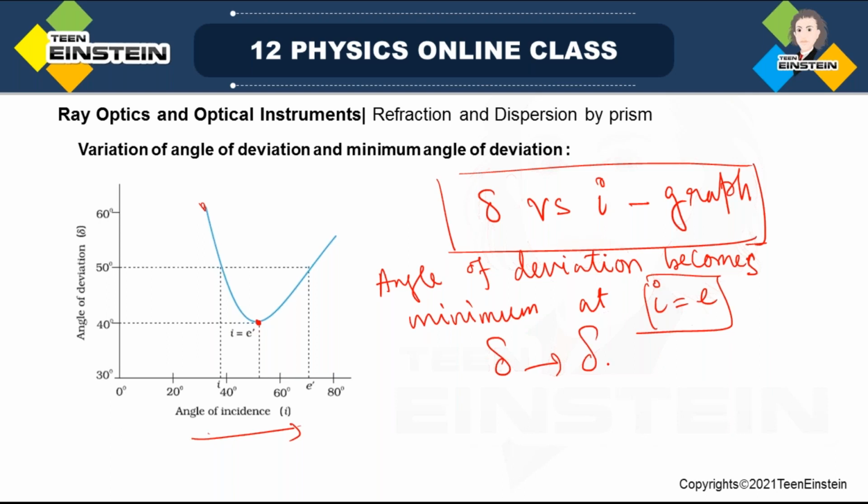At that time delta becomes delta minimum, and thereafter if you increase your angle of incidence, then the angle of deviation again increases further like this.